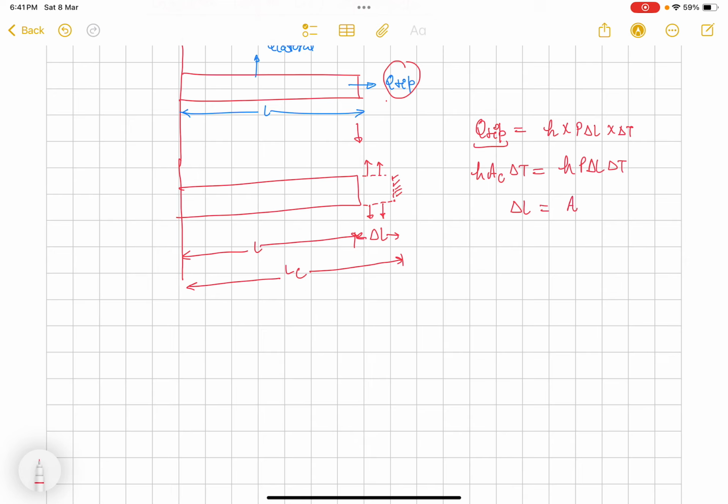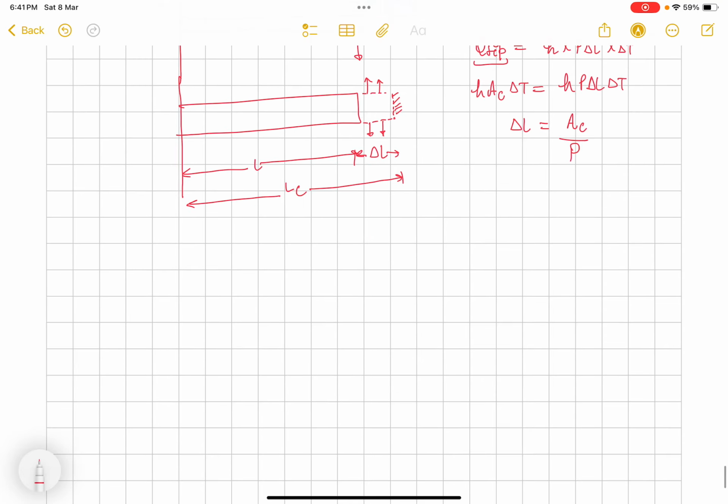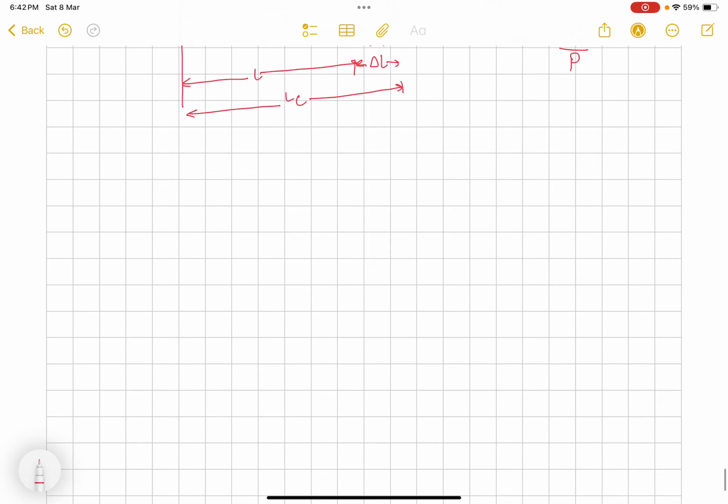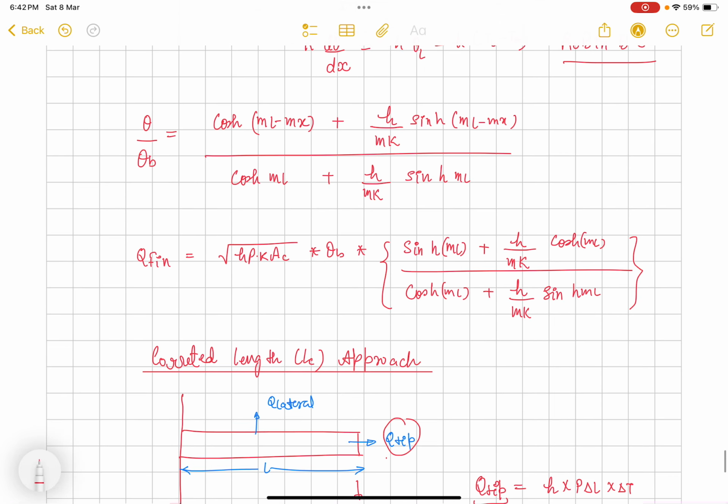So delta L is nothing but the cross sectional area of the fin divided by the parameter of the fin. How much length we have to add is answered by the cross sectional area and the parameter of the fin. Alright, so in all the expressions for the adiabatic fin, heat transfer and temperature profiles, we should use this length, and this is the easy way as compared to using these tedious expressions, right?